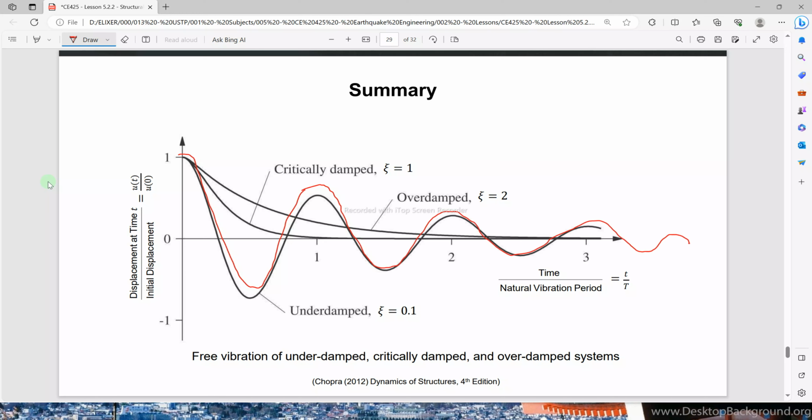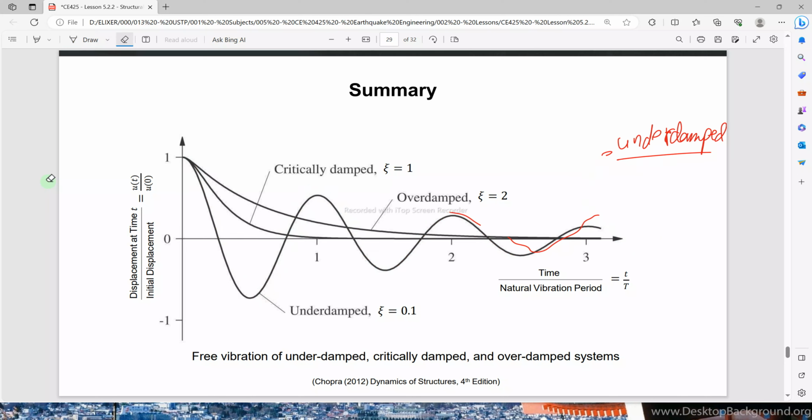This one starts from a high amplitude, and there is an oscillation obviously with this graph. This is an underdamped system. This reflects reality.